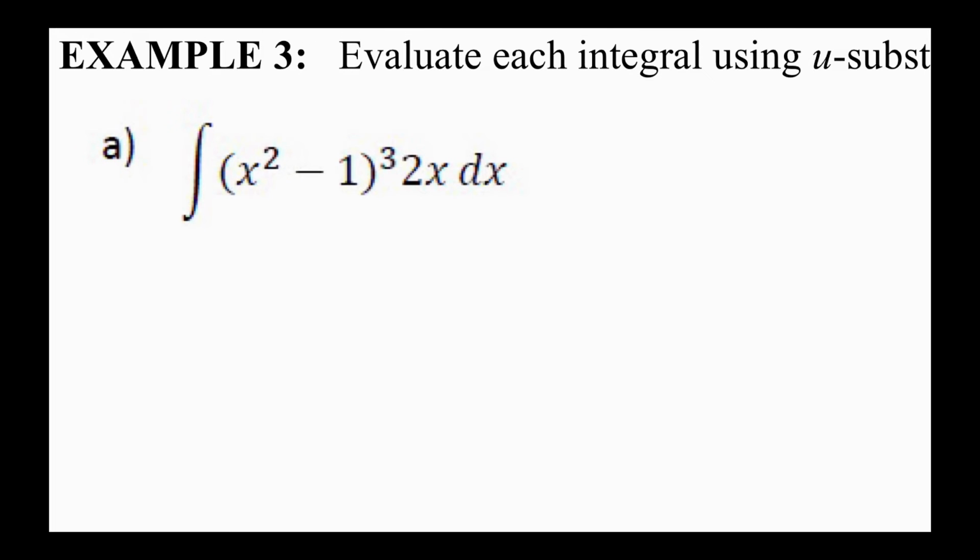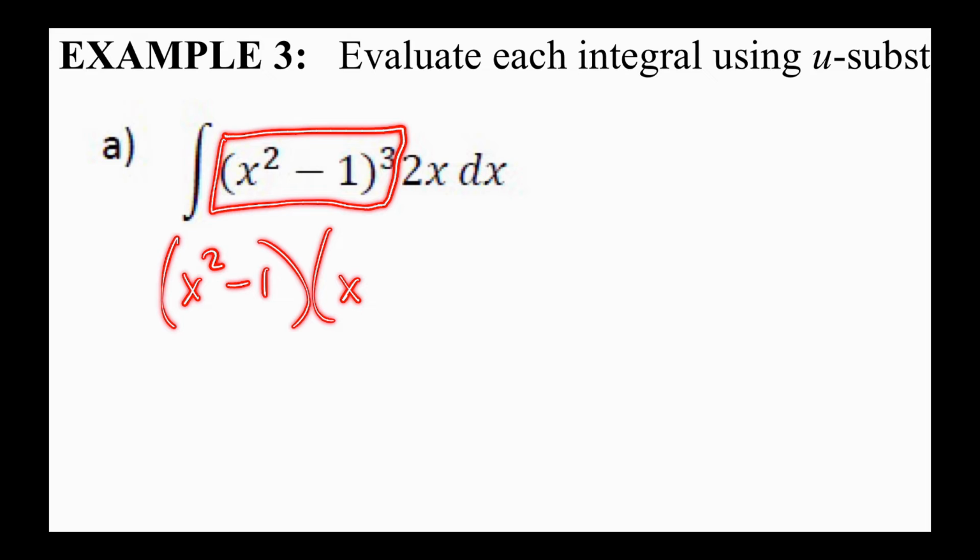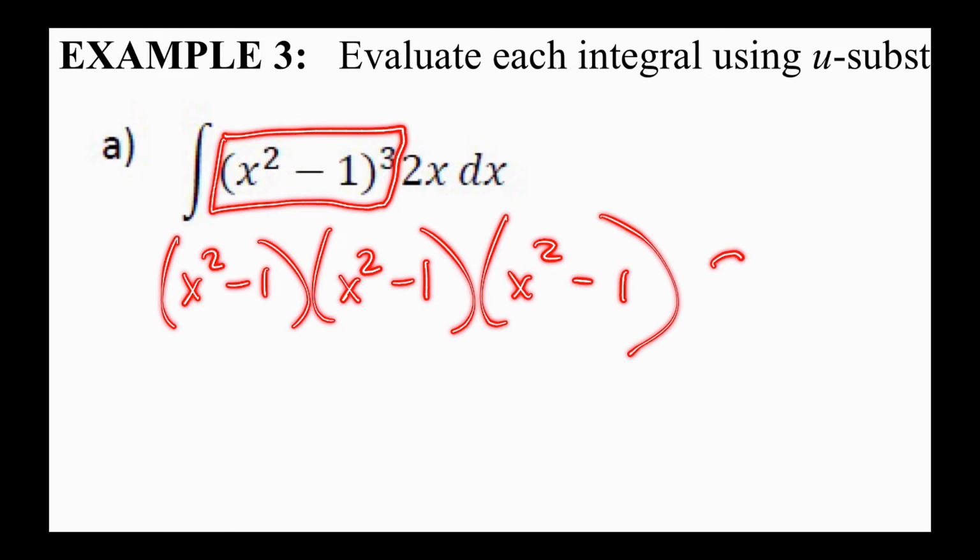Let's look at it. I could use the power rule for this guy, right? What I would do is expand this guy. So I would have x squared minus 1, x squared minus 1, x squared minus 1, and 2x out there, right?